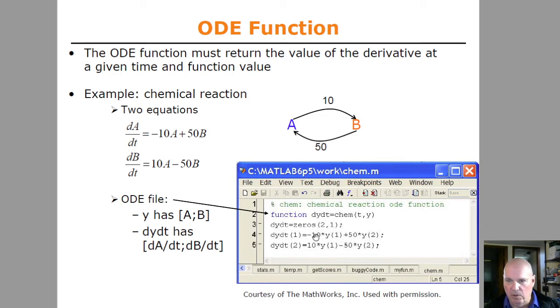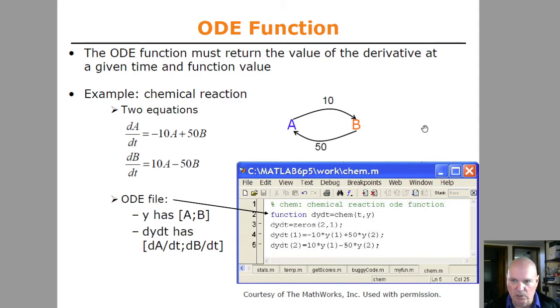But the derivative vector, the dy/dt vector, needs to be the same length as the y vector, and since y has both A and B components here, dy/dt has to be the same size. That's a common mistake, to try and make dy/dt just a single value.